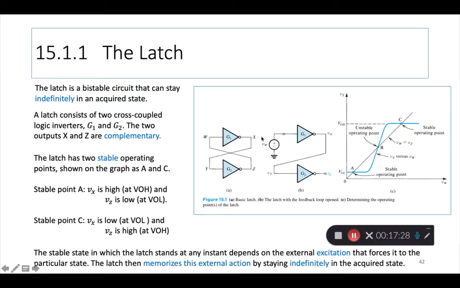Vx, that is the output here, this Vx, is high at VOH, and Vz is low at the stable point A. Similarly, stable point C, Vx is low and Vz is high. So these are the two stable points.